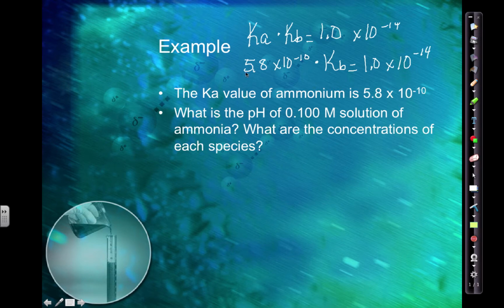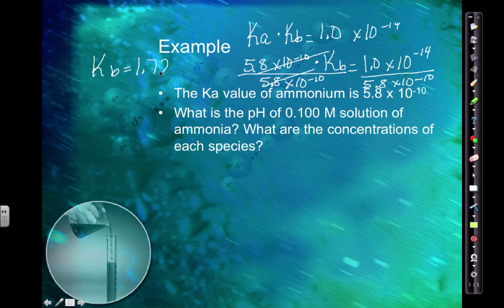Now if I solve for Kb, divide out the 5.8 times 10 to the -10th. So Kb is equal to 1.72 times 10 to the -5th. I have my Kb, so now I need to write out the equation.